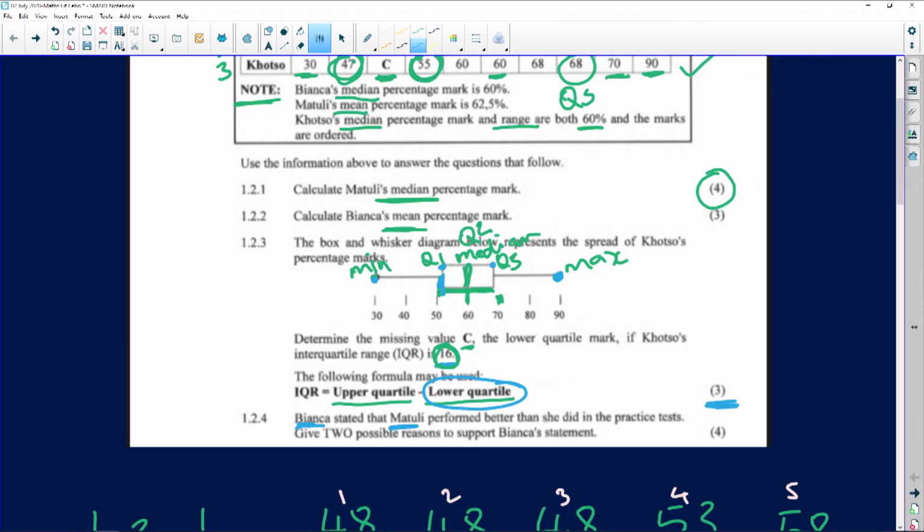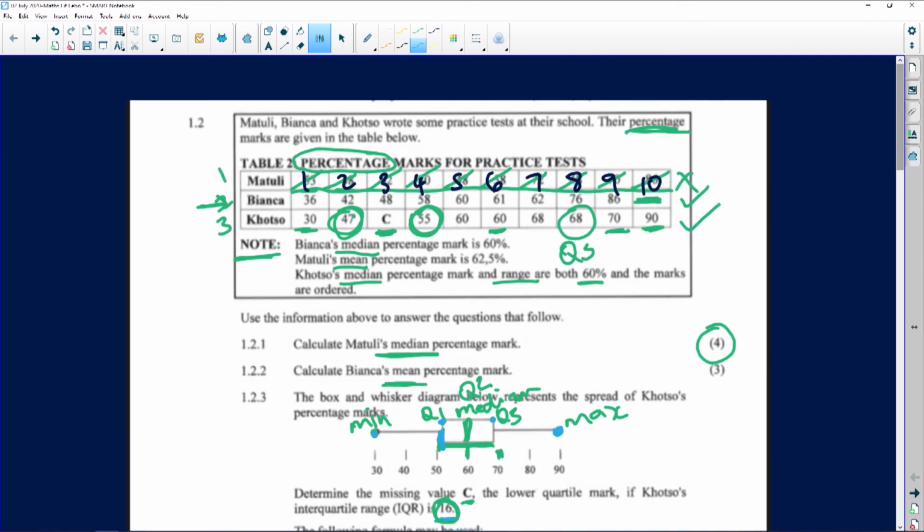Let's see if this is true. Bianca states that Matuli did better, so let's see if this statement is true. Let's remove some of this so we can work with a clearer screen. We've got Bianca and we've got Matuli, and we want to know who performed better between these two.